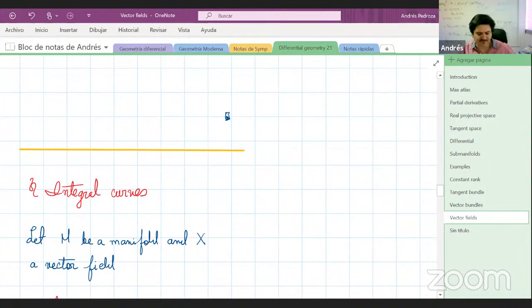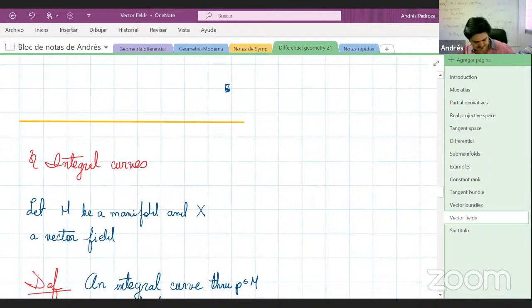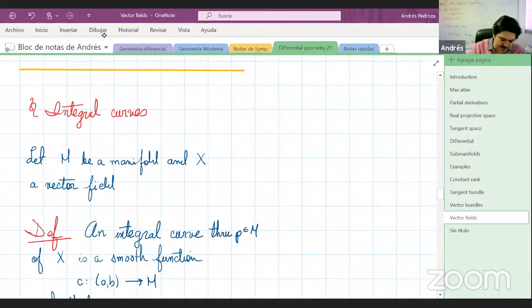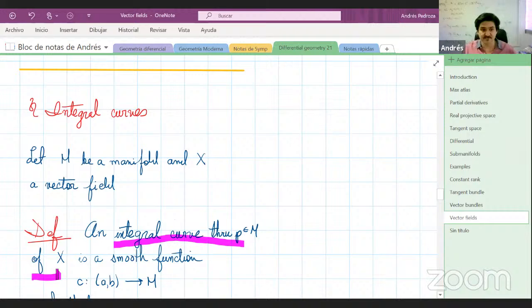So I have a manifold and a vector field. I'm going to define an integral curve. An integral curve, repeat, of the vector field X is going to be a smooth function from an open interval on the real line to the manifold.